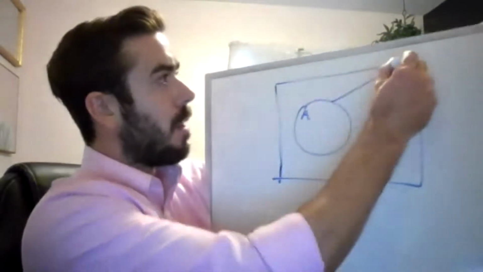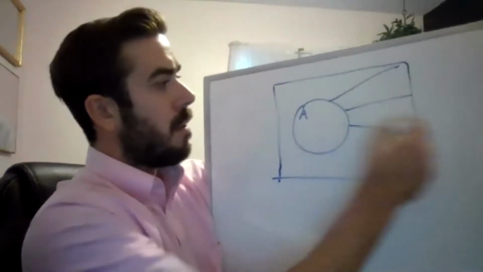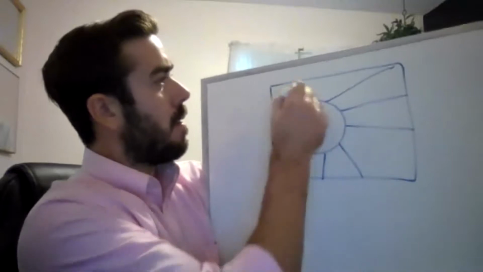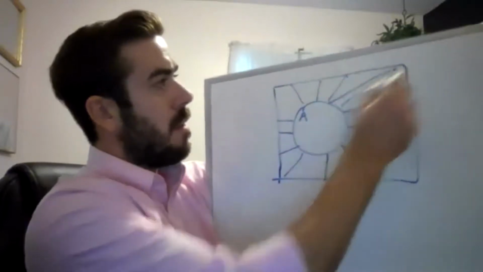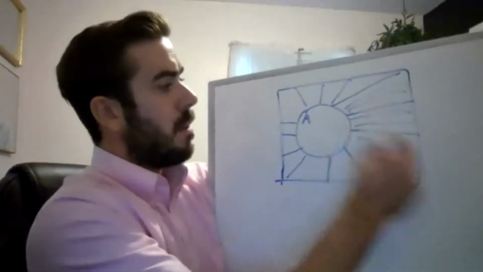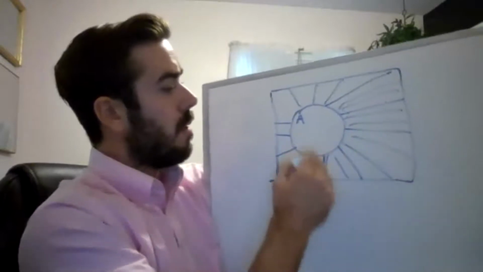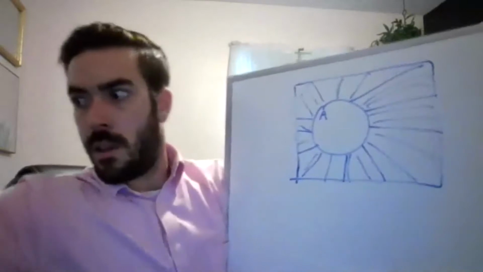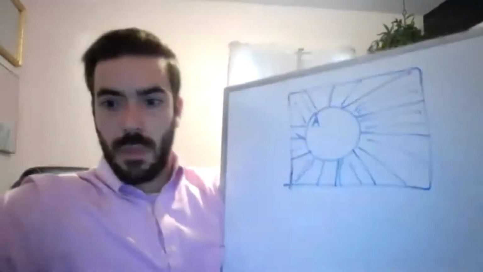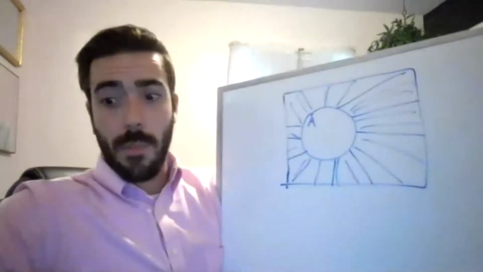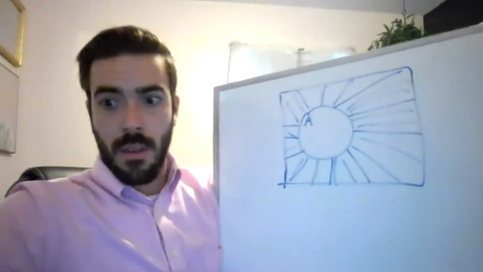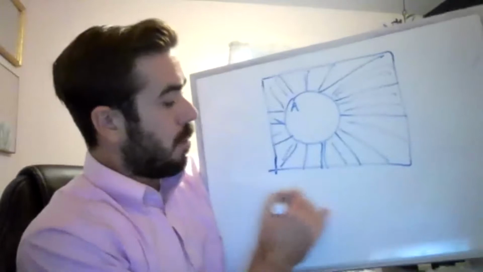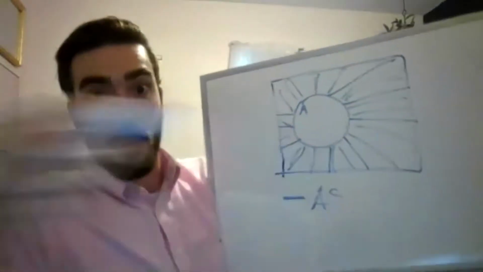So A complement would be everything here. Right? And I'll put a bunch of lines just so we can really tell where it is. All right? Now, if I have event B, so all those blue lines, that's A complement.